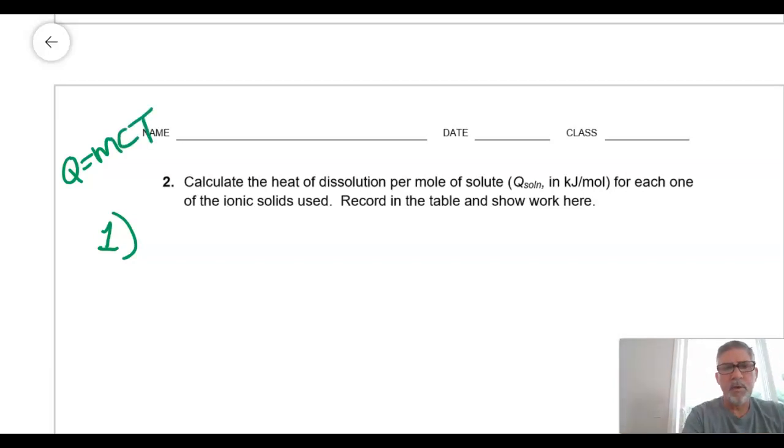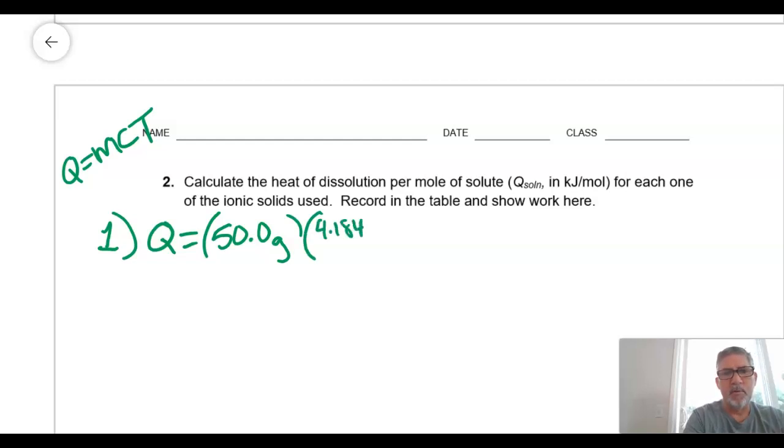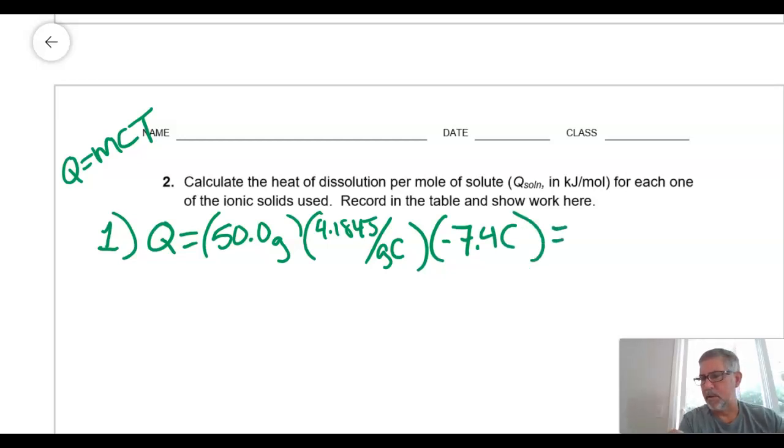So Q is equal to the mass of my solution, that was 50.5 grams, C is 4.184 joules per gram Celsius, and my change in temperature is negative 7.4 Celsius. If I do this, I get 1550 joules, or negative 1550 joules.